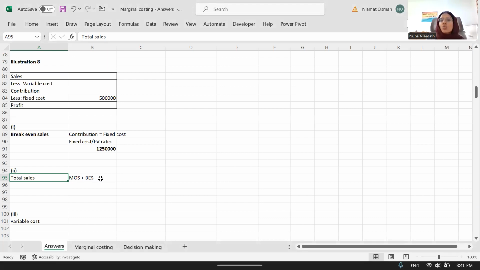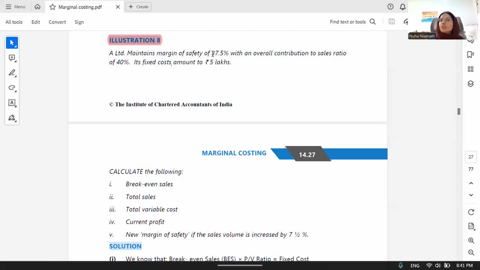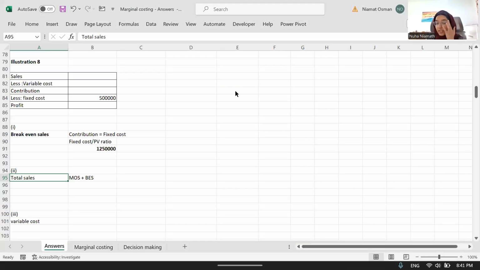So margin of safety is given to be how much? 37.5%. What percentage of the sales is break-even sales? 62.5%. Perfect. So how do we calculate it? Always remember sales will be 100%.